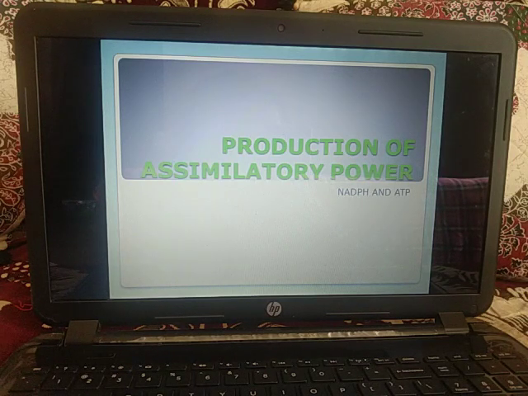The NADP reductase gives the electron to NADP+ for combining with hydrogen ion to produce NADPH. So NADPH is a strong reducing agent. It constitutes the reducing power which also contains a large amount of chemical energy. So this is about the light reaction.